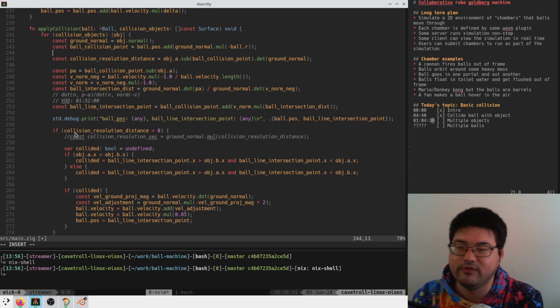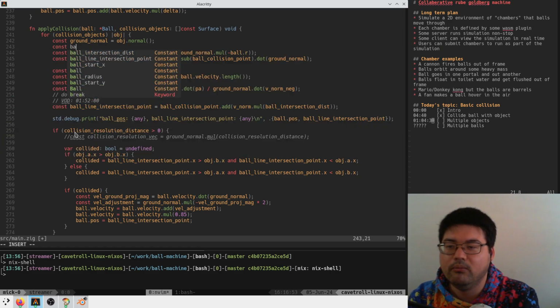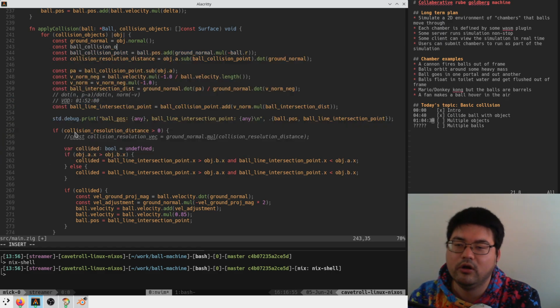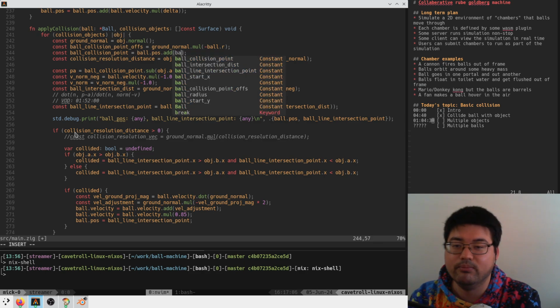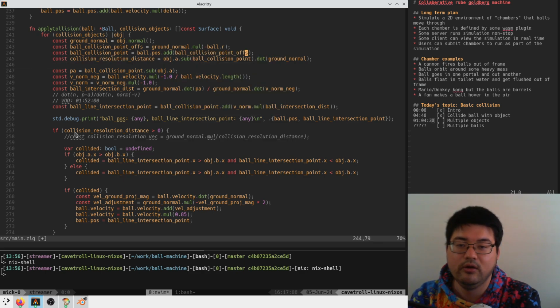So we actually want to offset, oh. Const ball collision point offset is this. Then the ball collision point is the ball pos add the ball collision point offset. Okay.